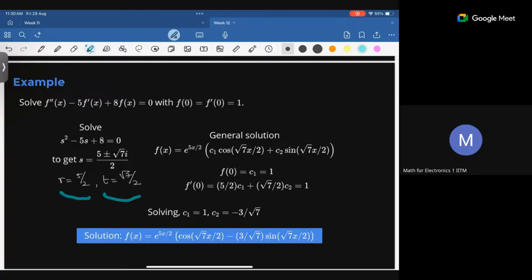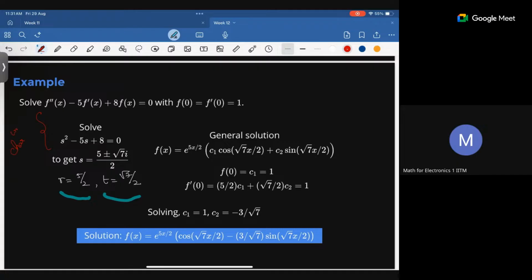Right? So in any case, there are three main steps. Step 1 is basically writing down the characteristic equation. This is common for all three cases.